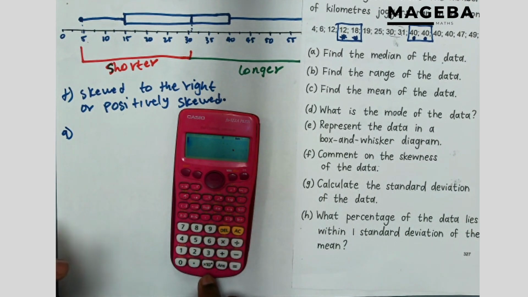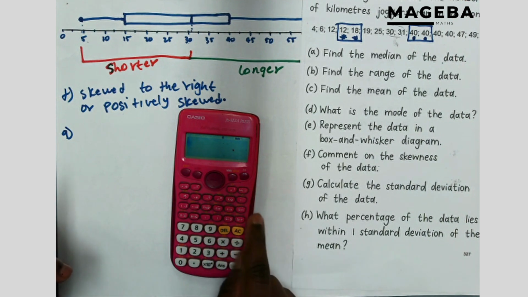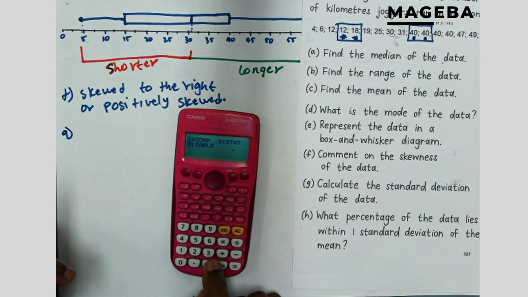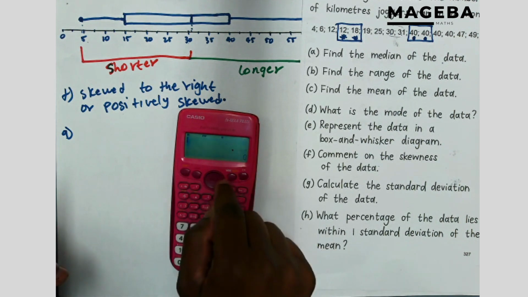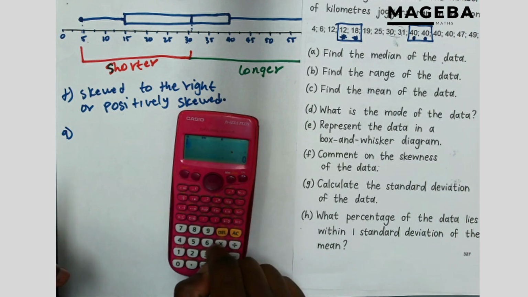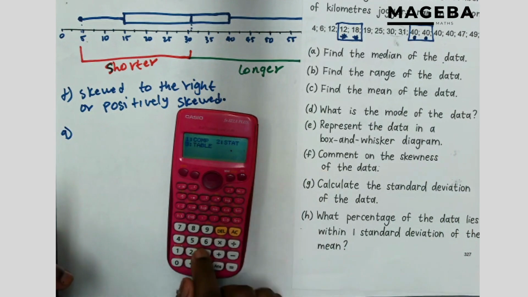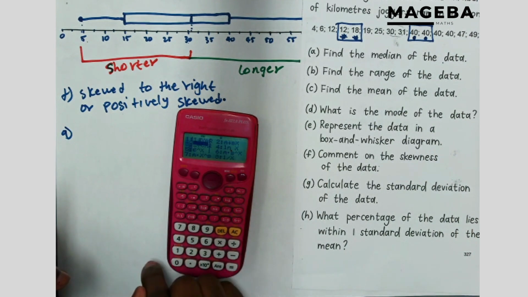The first step is to press mode, choose 2 for stat, and then choose number 1, which is 1-var. Let me clear my calculator and start fresh: mode, 2 stat, 1.